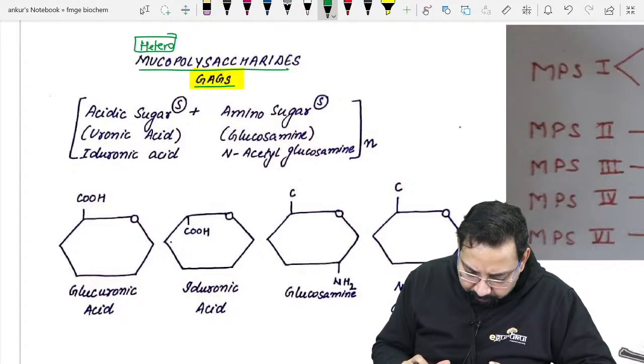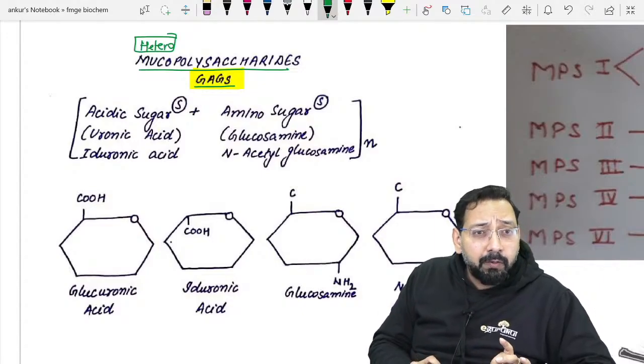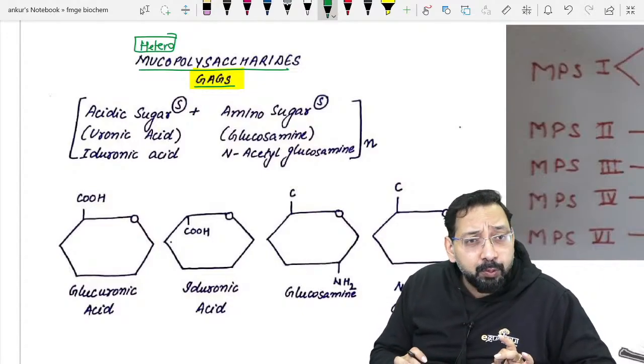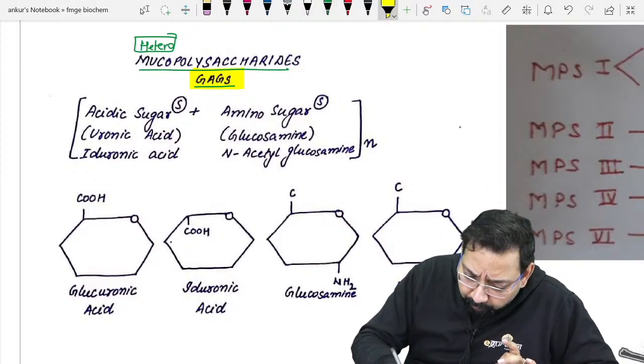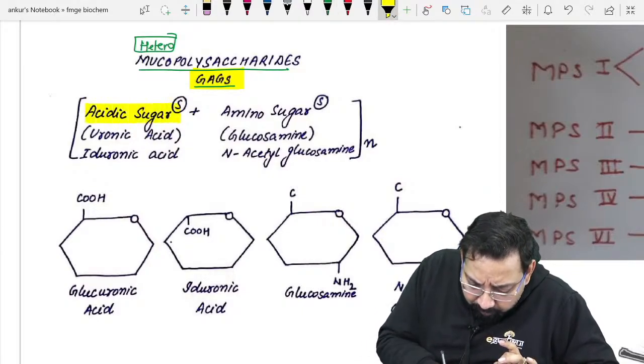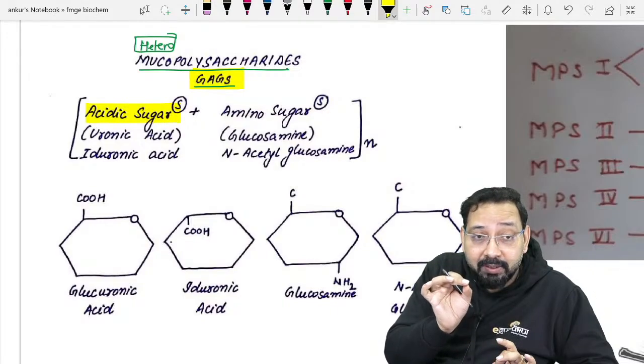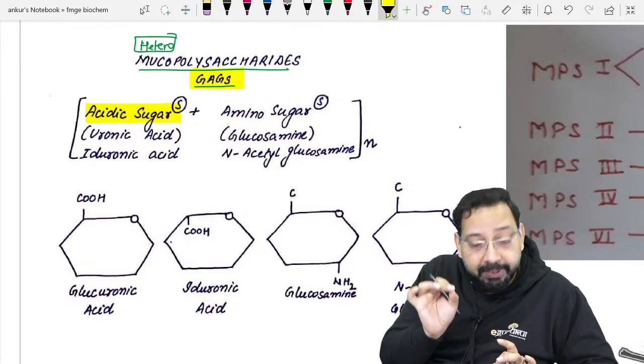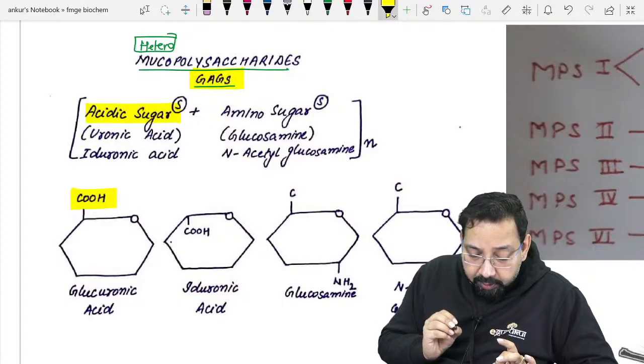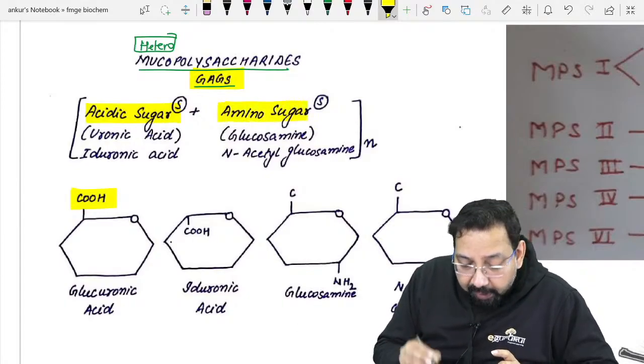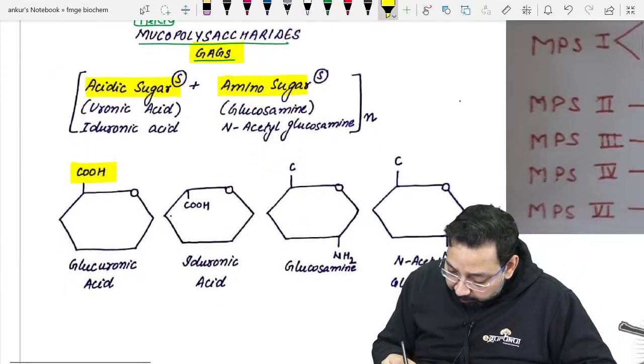Okay, don't worry. Whenever you find heteropolysaccharide or mucopolysaccharide, you will find acidic sugar, and I have told you acid means COOH. Amino sugar, amino means NH2.